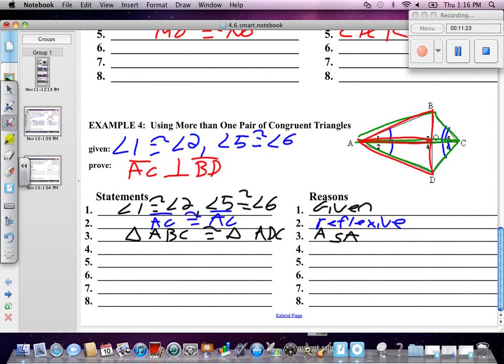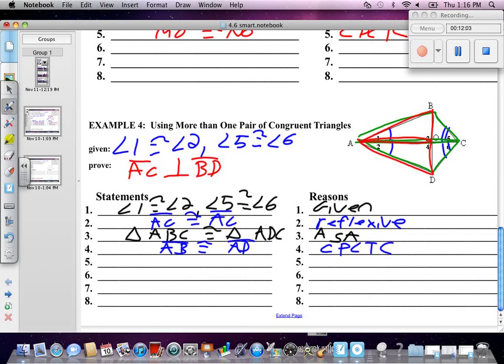The first thing I'm going to do is say, of that new triangle, I know that AB is congruent to AD by CPCTC. But we're talking about the two triangles in red, so we can't usually use BD. We don't know that BO is congruent to OD.